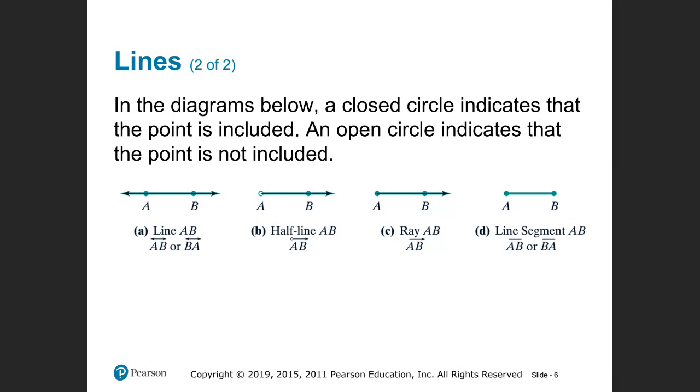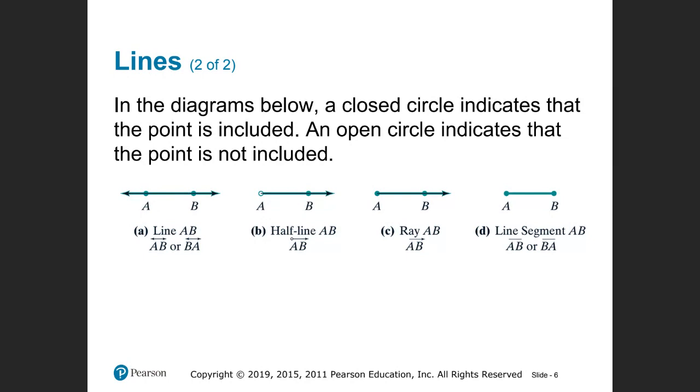So for a line AB, the points A and B are included, but the line goes in opposite directions. And we designate this by AB with a double arrow over the AB or with BA with a double arrow. It can go either way. A half line means that A is not included, so it's an open circle, but it does extend through point B and then continues.